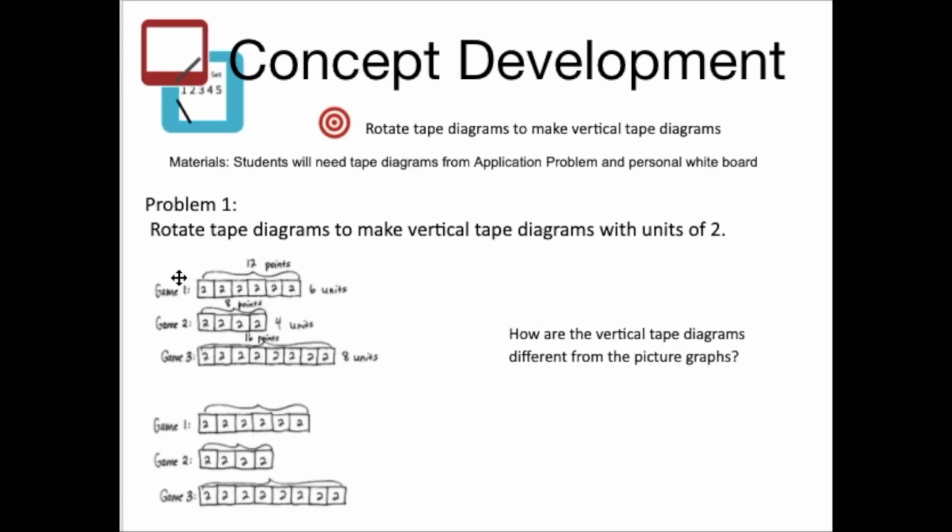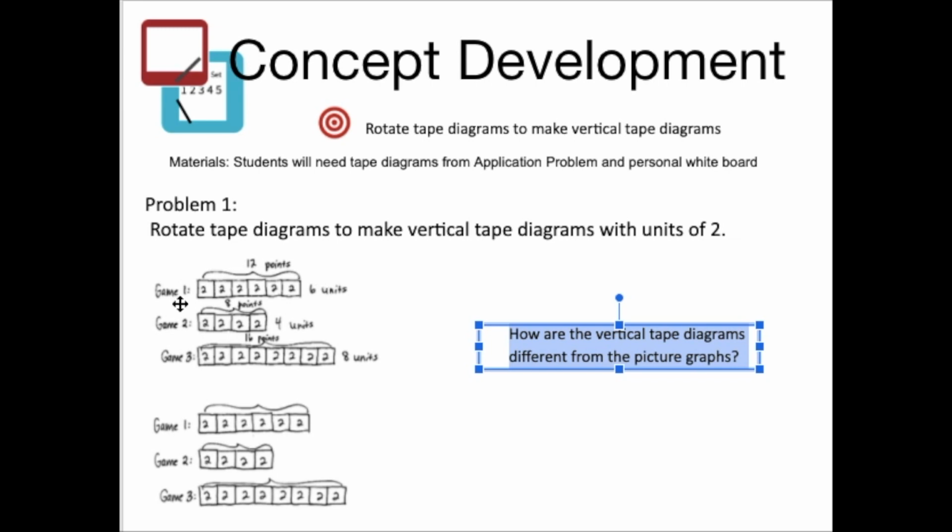So, our problem asks, how are the vertical tape diagrams different from the picture graphs? So, you might say, well, these vertical tape diagrams, they have numbers, they have units, and in a pictograph I see pictures and I see keys.